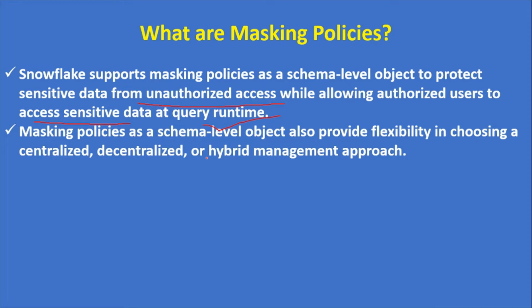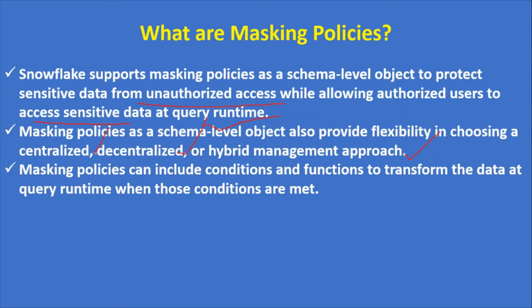That means to apply the masking policy, we have three types of approaches: centralized, decentralized, and hybrid management approach. In this video, I am going to show you the centralized approach.